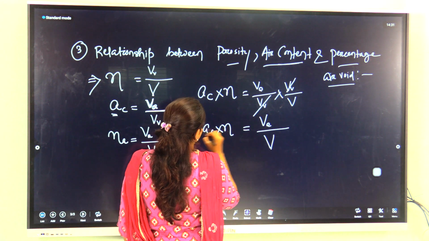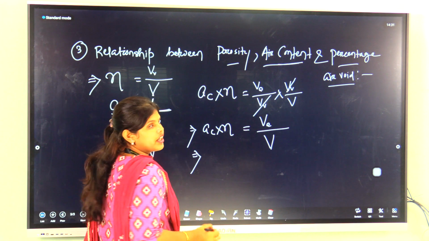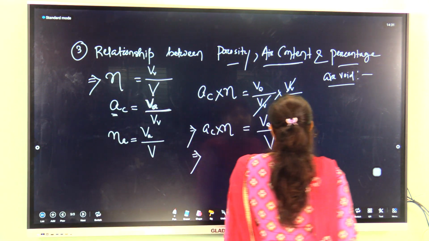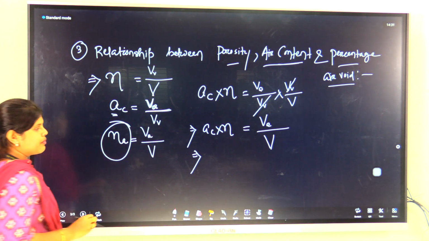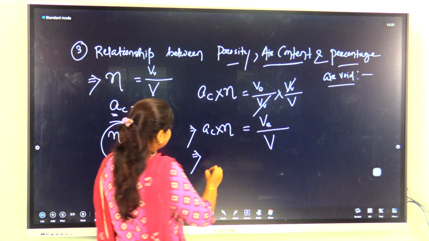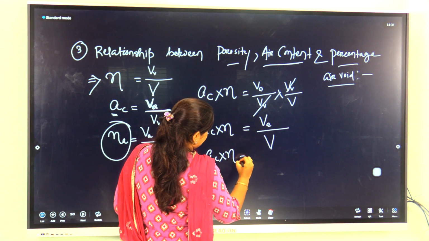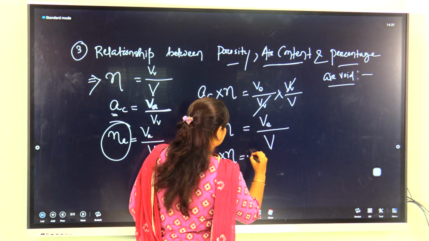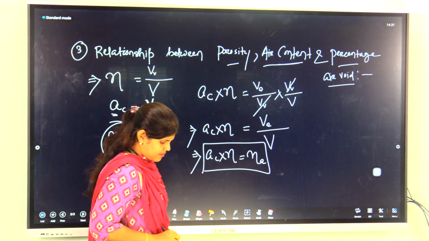AC into eta will be Va upon V. Va upon V is your percentage air void. AC into eta equals your Na.